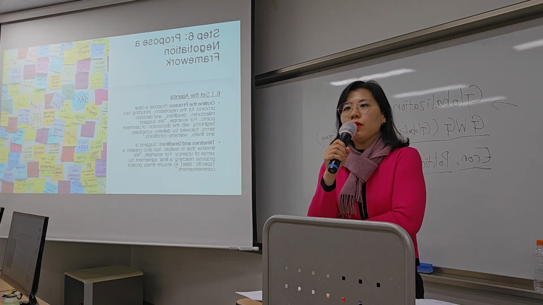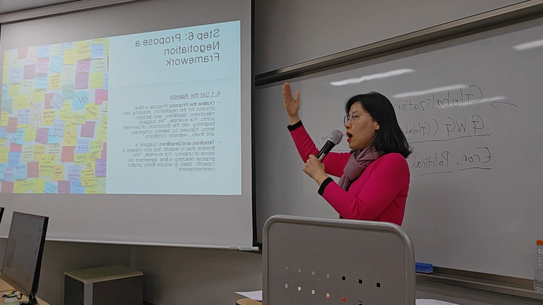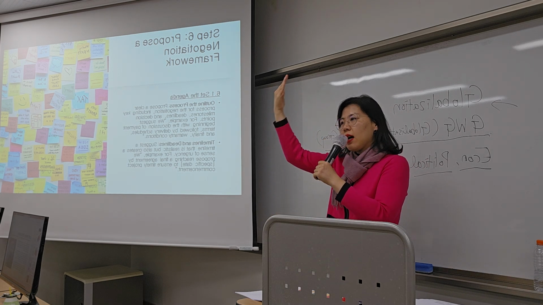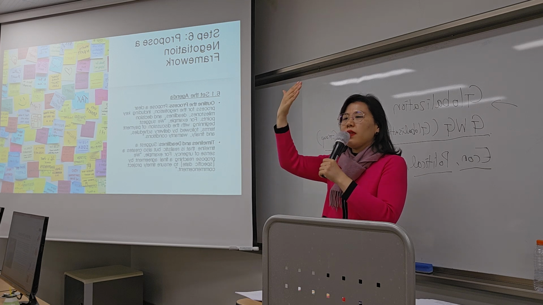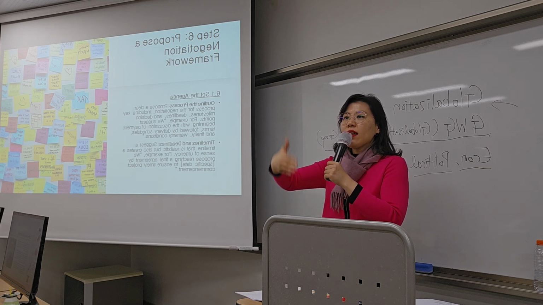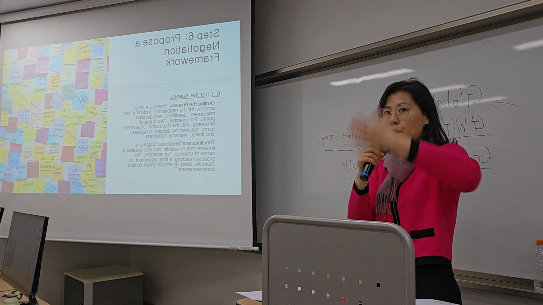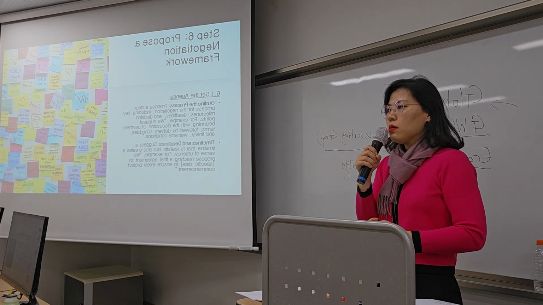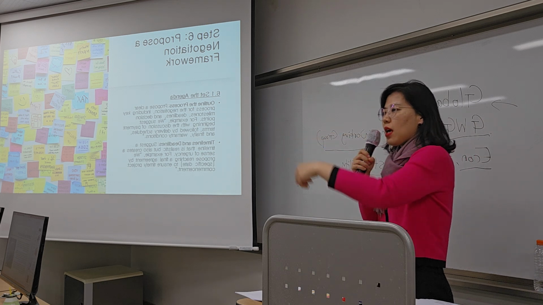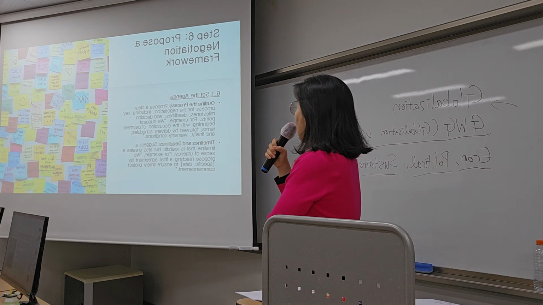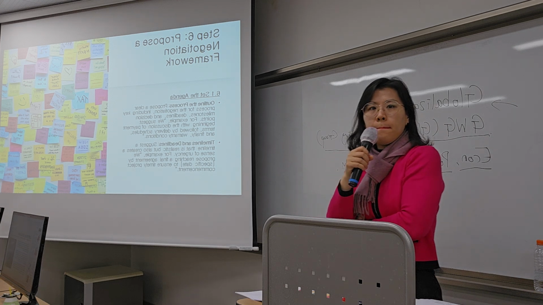And this is how you set the agenda, basically set the process of the agenda in the final round, in the list of actions that you can propose. Propose a negotiation framework.